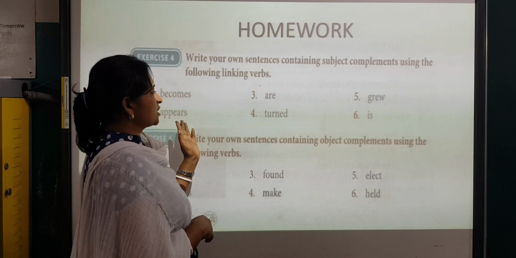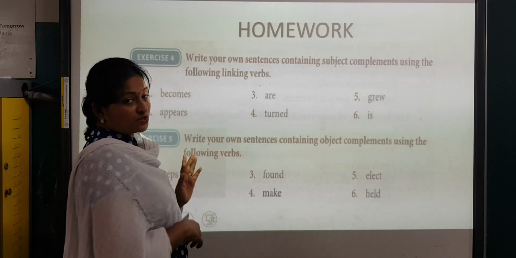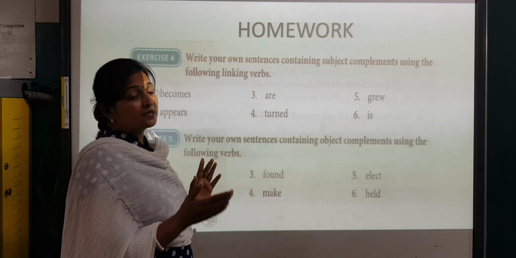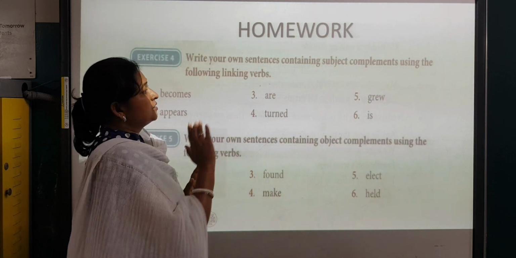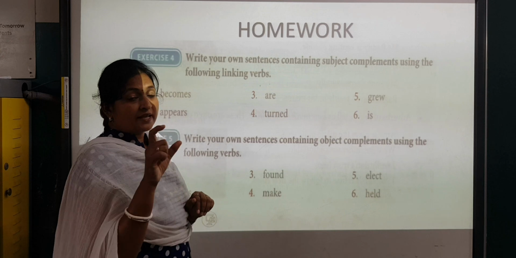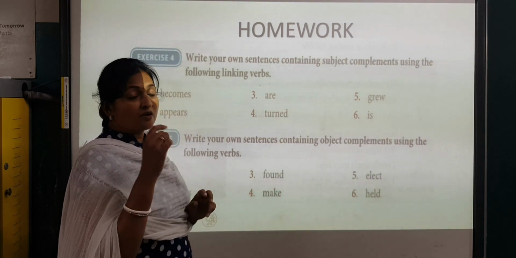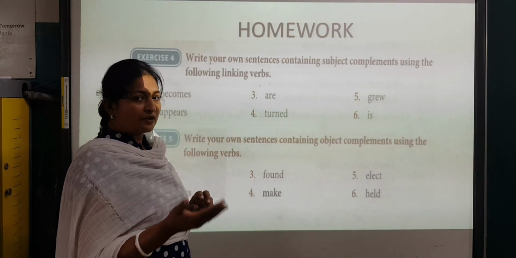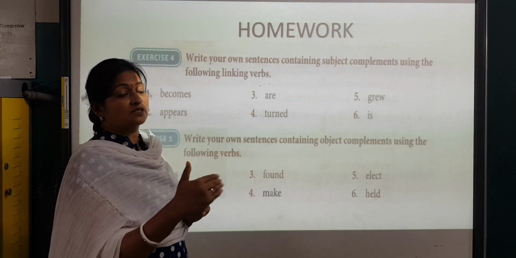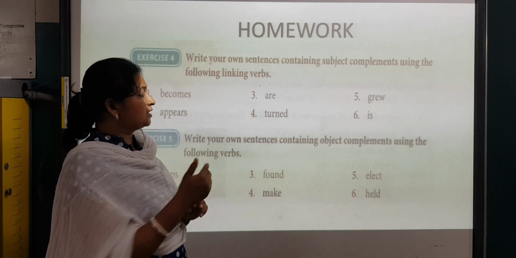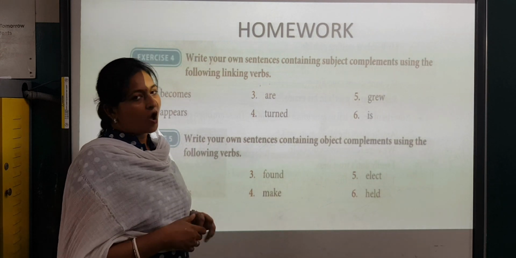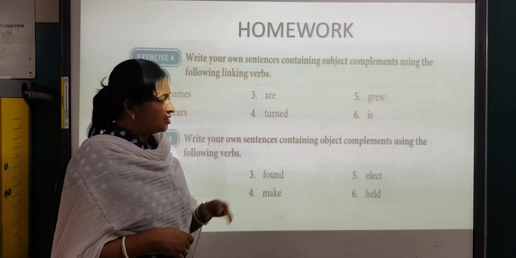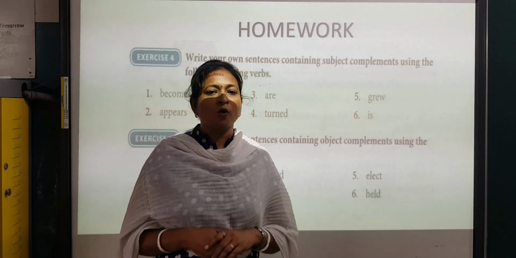So one is object complement, another one is subject complement. You will be making your own sentences. In subject complement, if it is renaming or describing the subject, then you can call it a subject complement. And object complement comes immediately after the object, when you are using a complement.